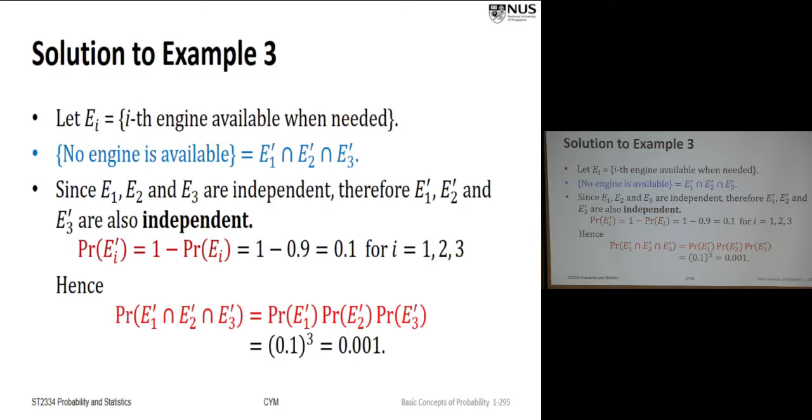But let me ask you, if I increase the number of fire engines, of course that makes the probability of no engines available smaller. But if I want to reduce this probability even further, besides increasing the number of engines, what can I do?